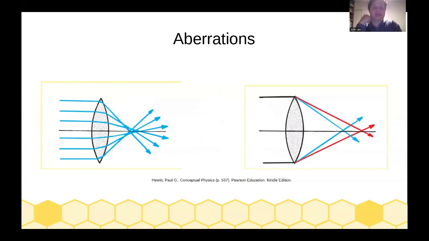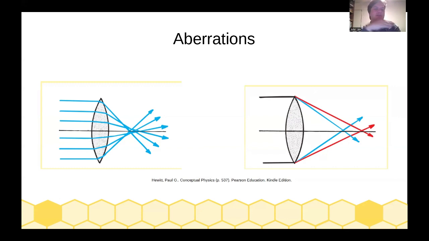There are, however, a couple of problems with this called aberrations, where a spherical aberration means that the light is not exactly going to go into the focus, into that one point where everything's supposed to converge for different parallel rays.